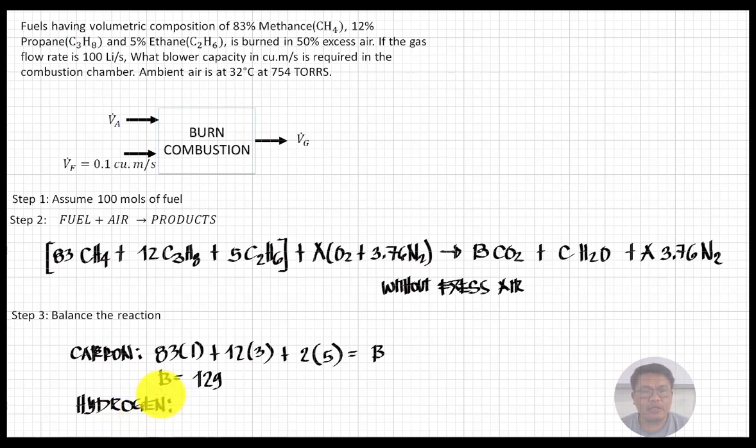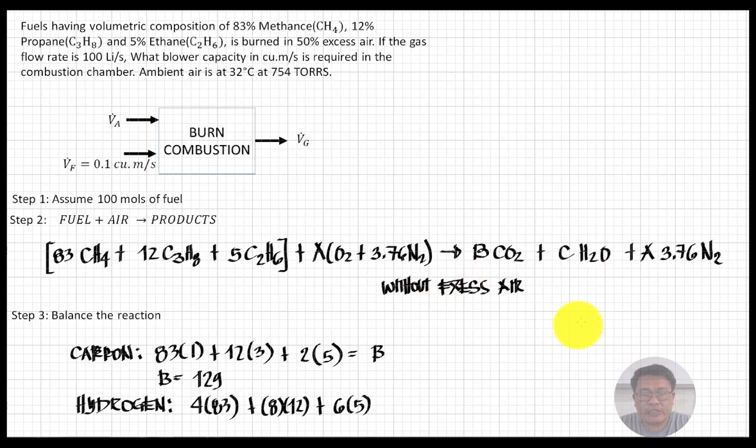Then let's go to hydrogen. Now for the hydrogen, we have your H for your methane. So we have 4 times your 83. Then I'm going to add, for ethane and propane, we have your 8, so 8 times 12. Then we also have 6 times 5.